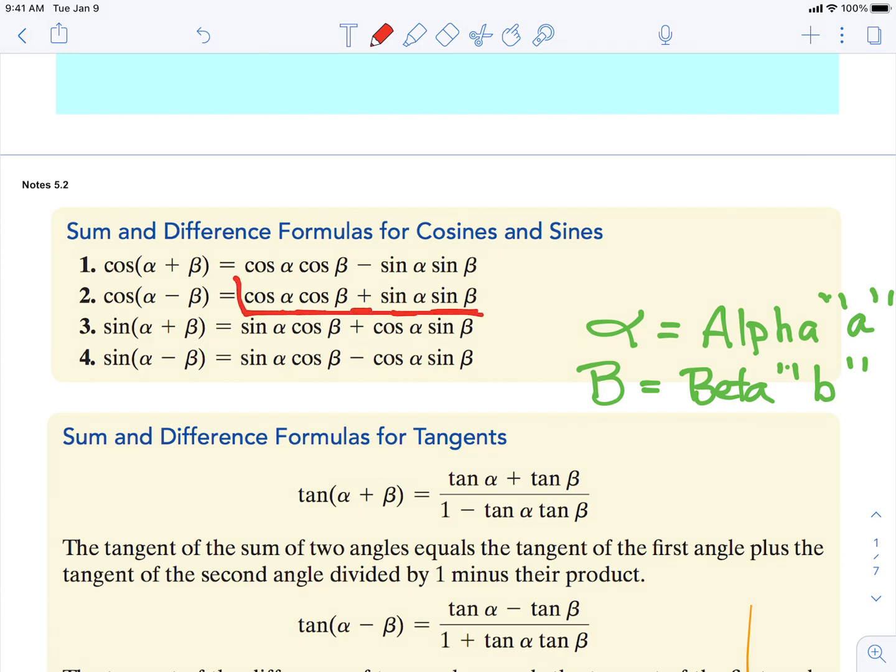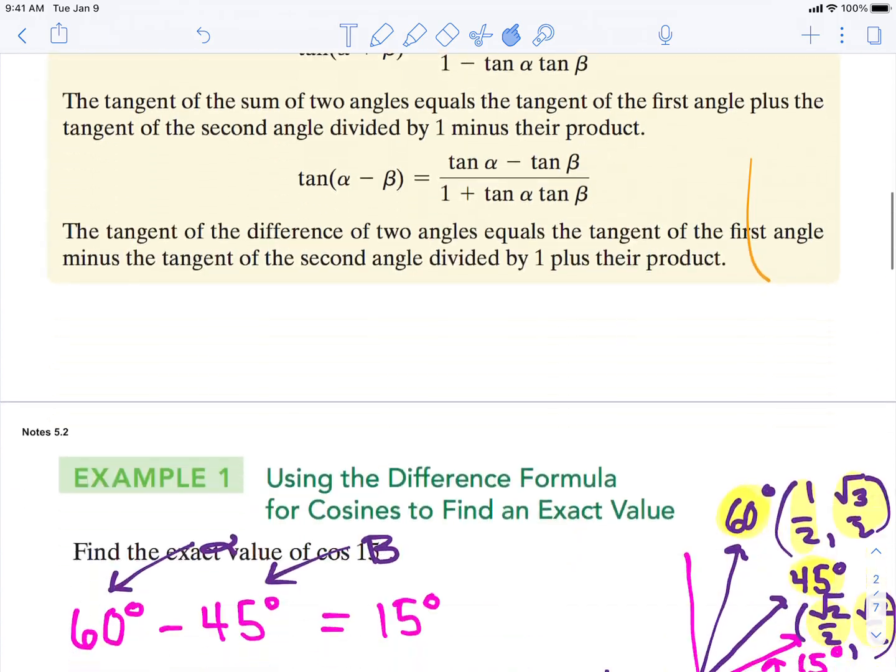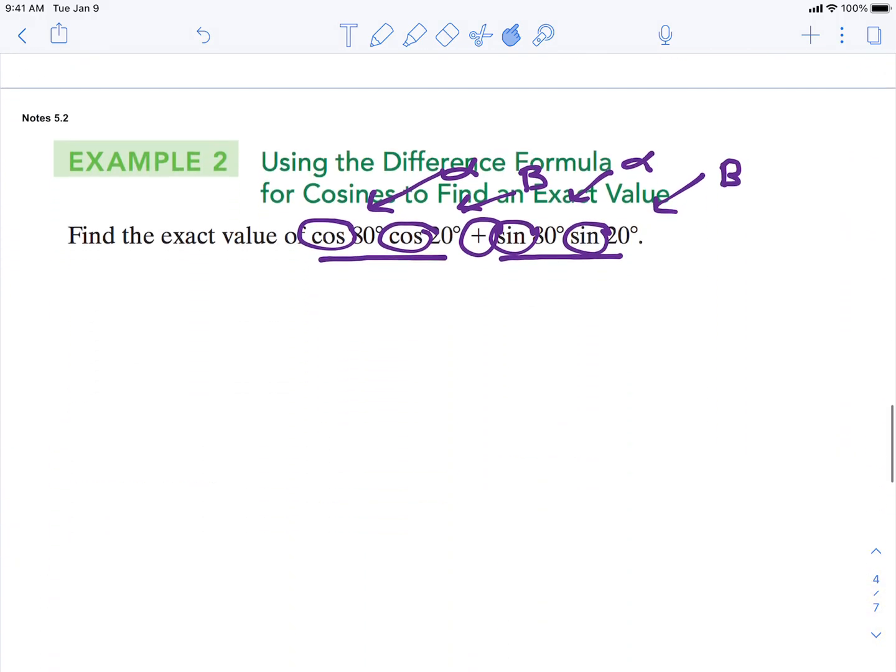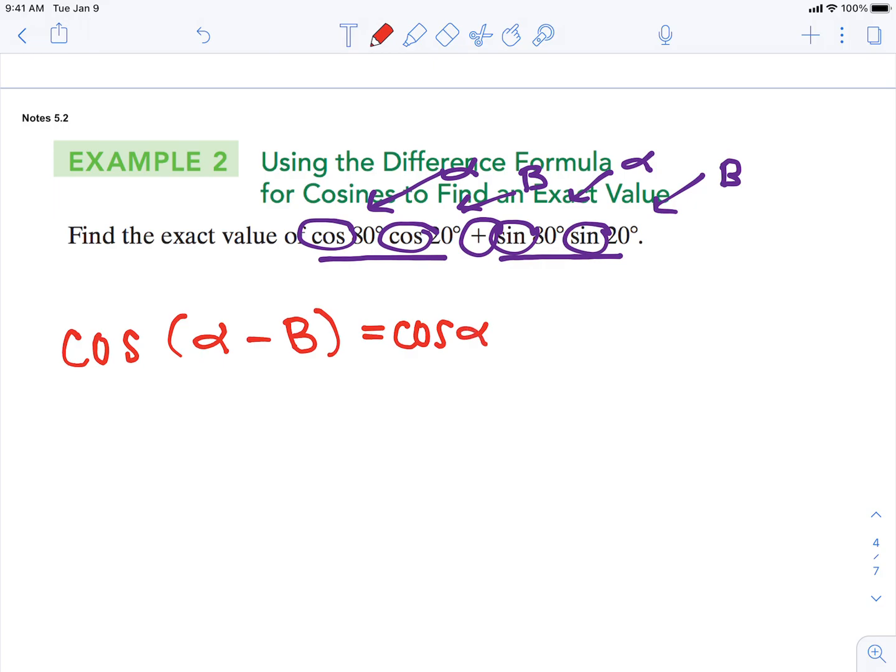So what we've been given is this right side of the equation, and we want to work backwards to the left side of the equation. So I'm just going to go ahead and write that formula down. So what we have in the red is the cosine of alpha minus beta equals the cosine of alpha, the cosine of beta, plus the sine of alpha and the sine of beta.